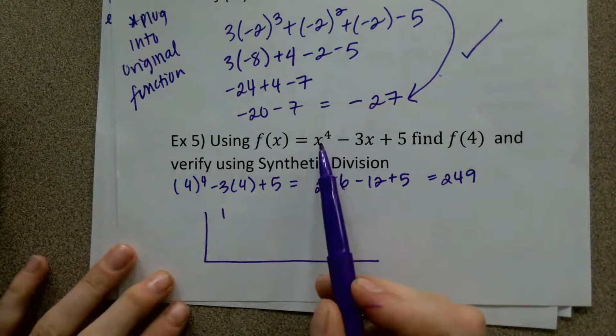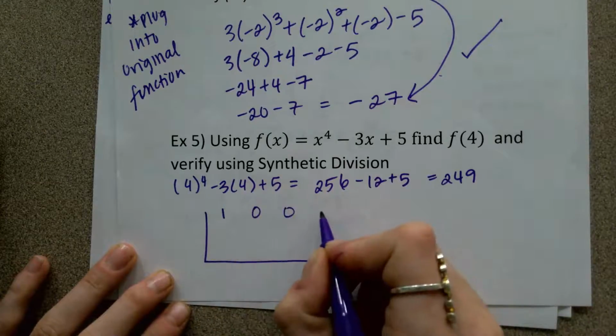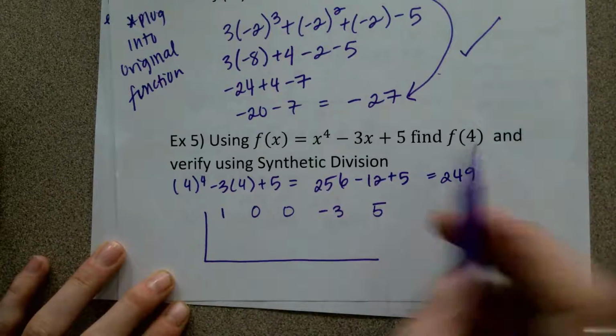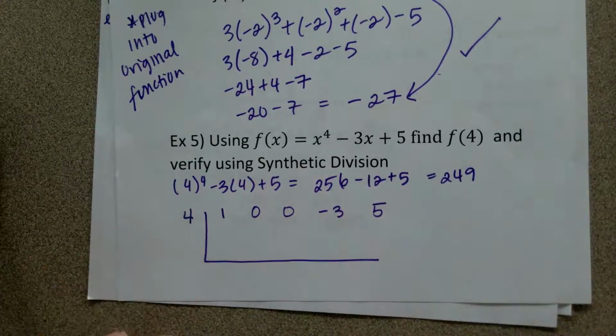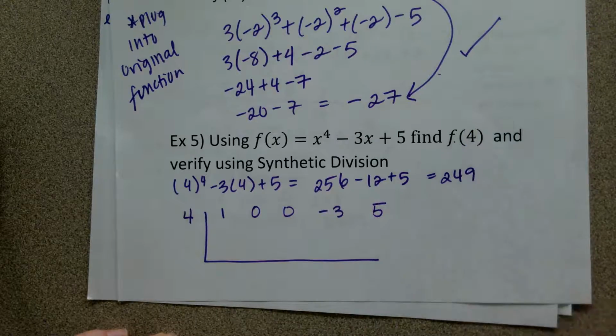Our leading coefficient is 1, and then we don't have a cubed, we don't have a squared, we have a -3 and a 5. The number that goes on the outside is 4. It's the same number as whatever we would use to find our remainder using the remainder theorem.